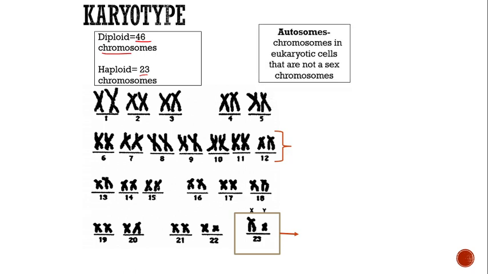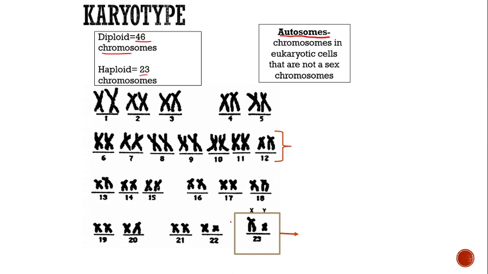In your karyotype, we have what we call autosomes. All of those chromosomes in the nucleus of your cell that do not determine your sex or your gender, whether you're female or male, are called autosomes.